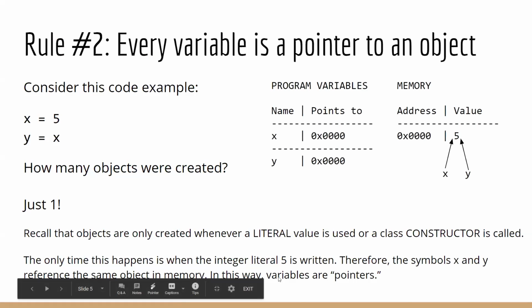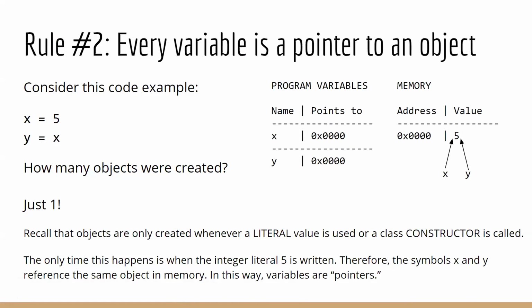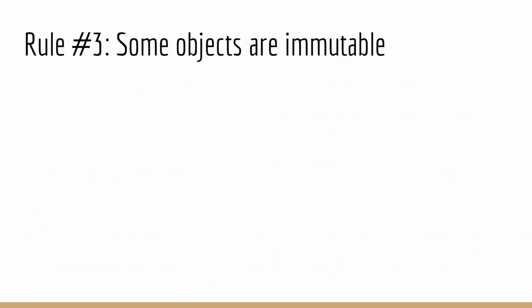That's why these variables can be called pointers, because they just say where the object lives. So variable x points to the address for 5. Variable y also points to the address for 5. That's crazy. Crazy, man. So this will become important later on, why we have to know that pointers are a thing.